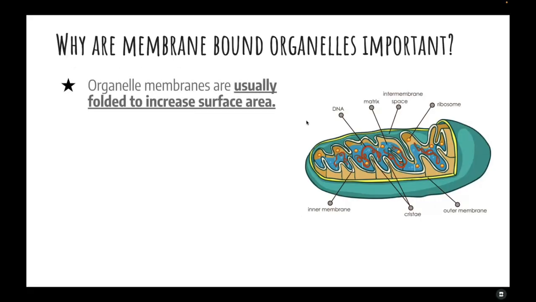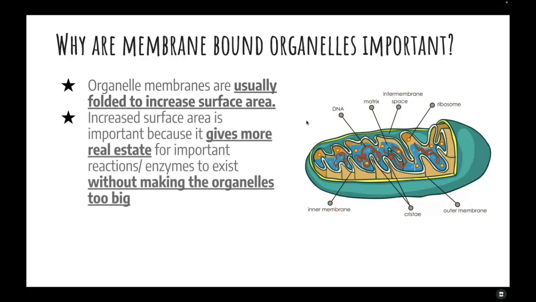Organelle membranes are usually folded to increase surface area. Some folds are called cristae in the mitochondria, thylakoids in the chloroplast. And so this increases the surface area. Because there's more surface area, it means that there's more space for important enzymes and reactions to occur there.